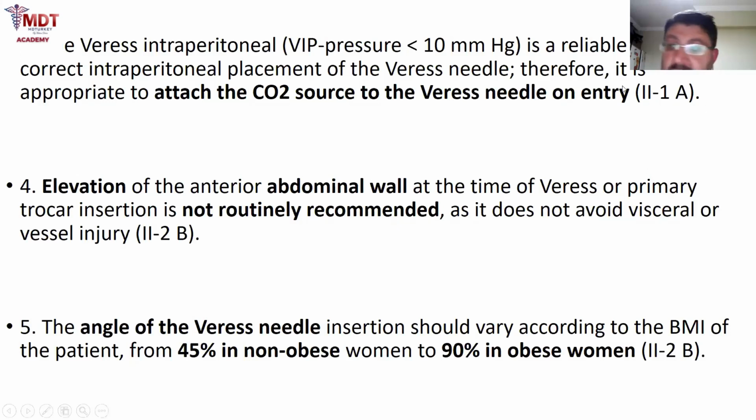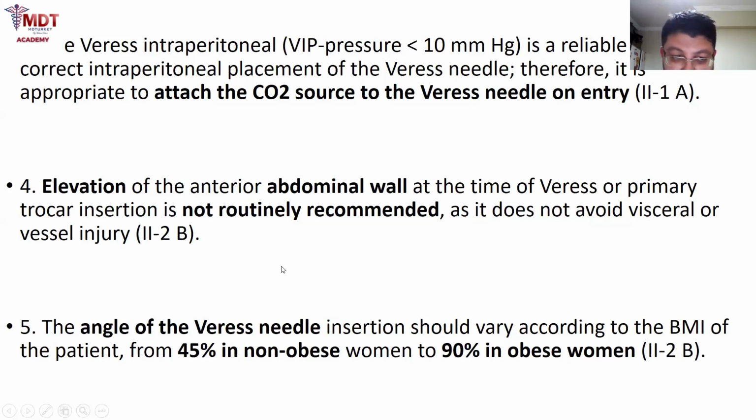They do not routinely recommend the elevation of the abdominal wall. That's another interesting recommendation for me because we always elevate the abdominal wall. We elevate the abdominal wall by the anterior fascia of the rectus abdominis muscle.